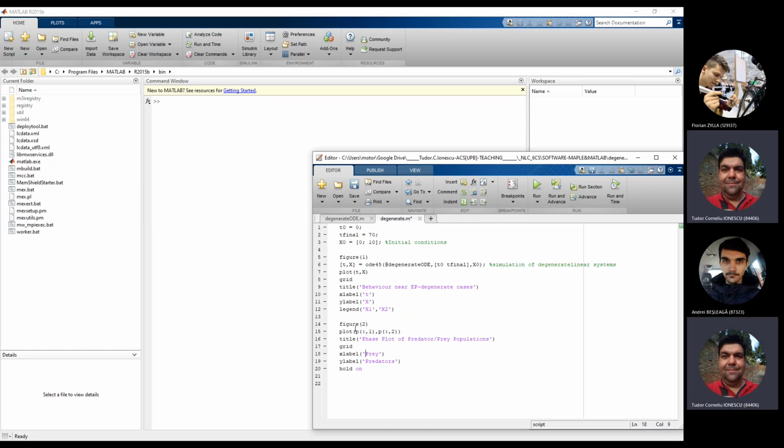And now we have the phase portrait. Phase portrait for the degenerate case. Grid. X label is X1 and Y label is X2.